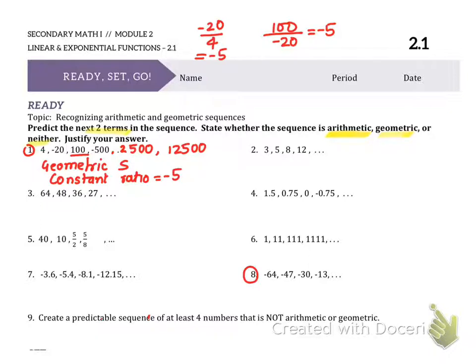So let's check. I see negative 64 to negative 47. What's the difference between those? I told you to pick a number in the middle and subtract the previous number.